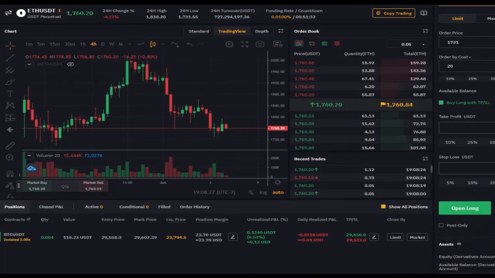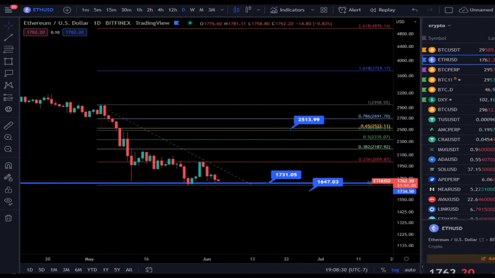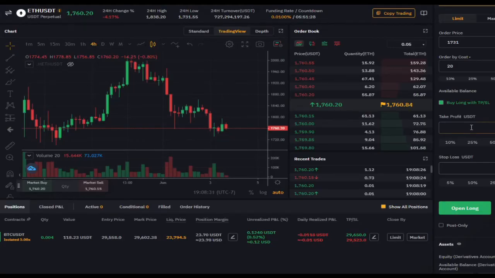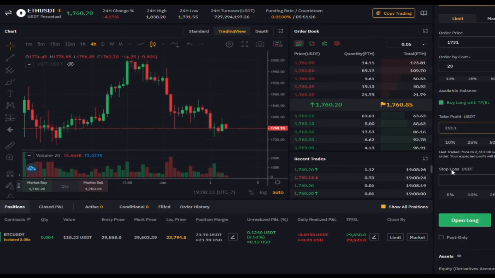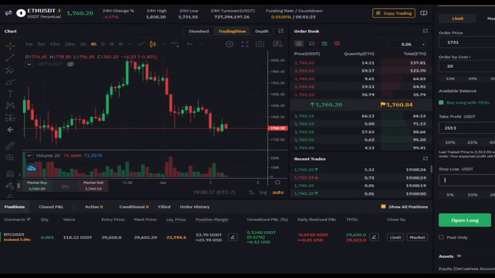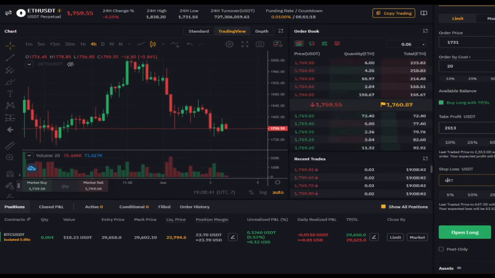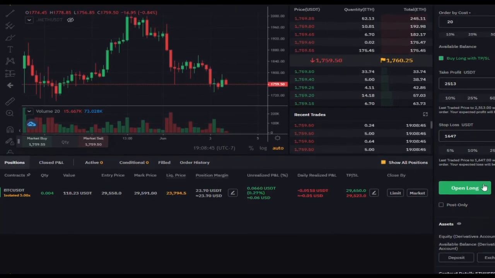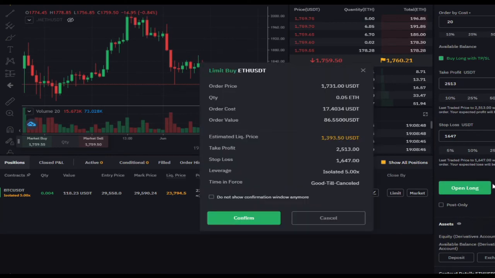We know we want to take profit at 25.13. We know our stop loss is 16.47. And then we would just hit open long.